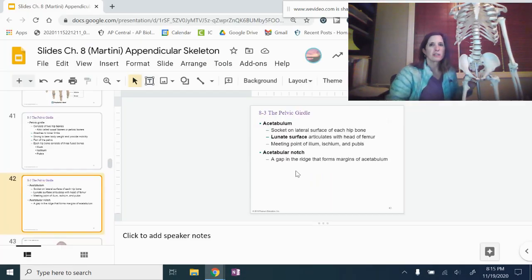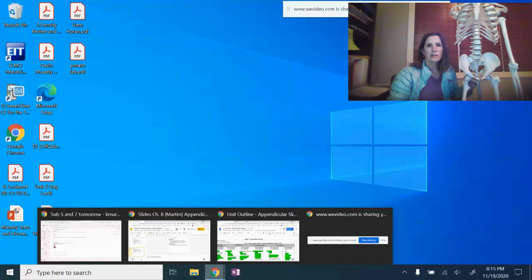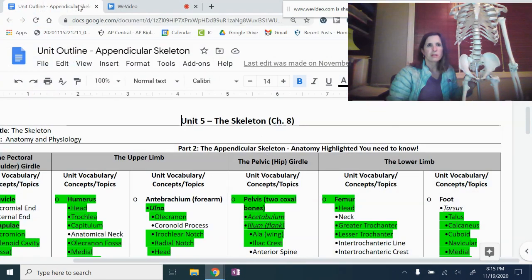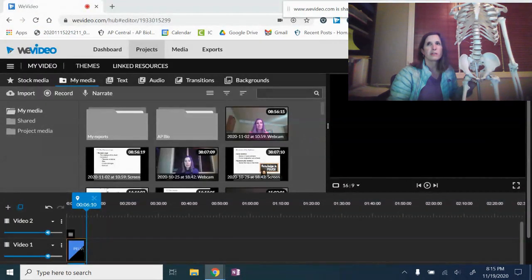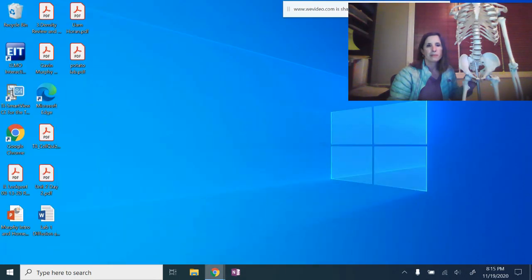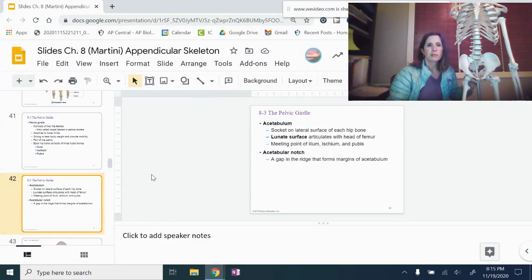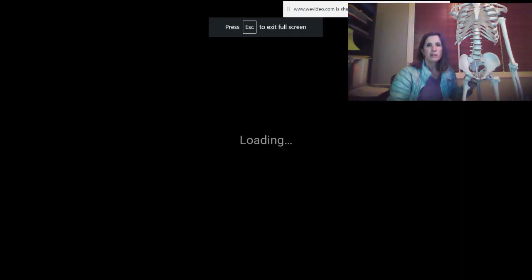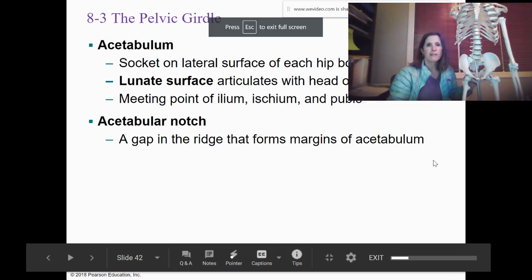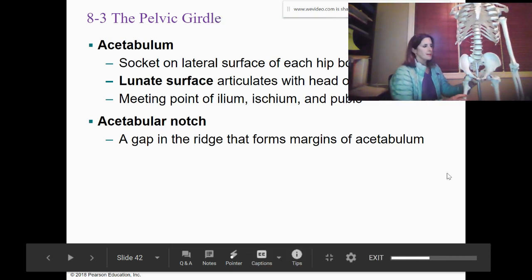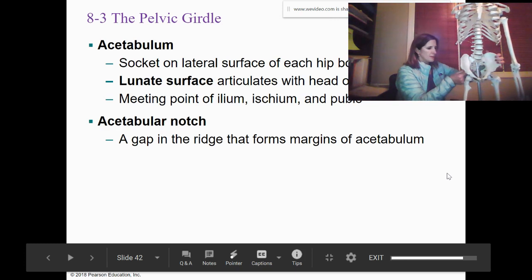I need to cheat here for a second. I need to pull up that outline so I can make sure I cover all of the markings, so I can look at it at the same time. The one major marking that you're going to have to be familiar with is the acetabulum.